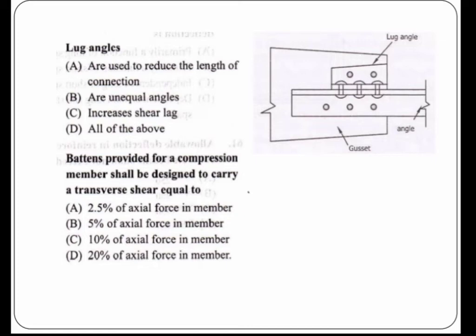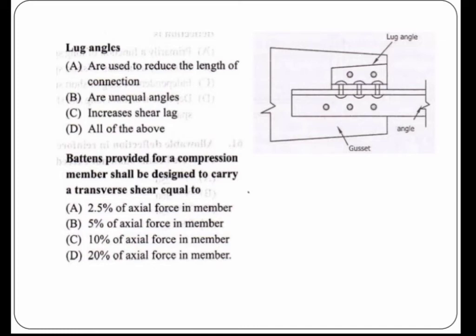And the purpose of the lag angle is to reduce the length of connection to the gusset plate and to reduce shear lag effect. So the correct answer for this question will be option A, are used to reduce the length of connection. Now next question.